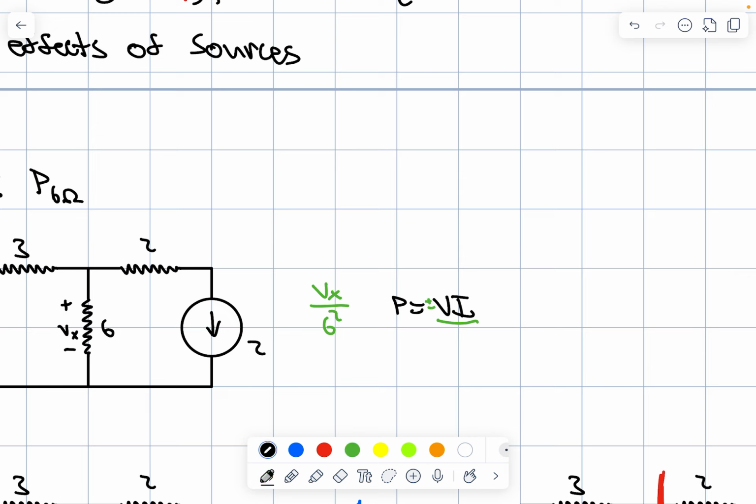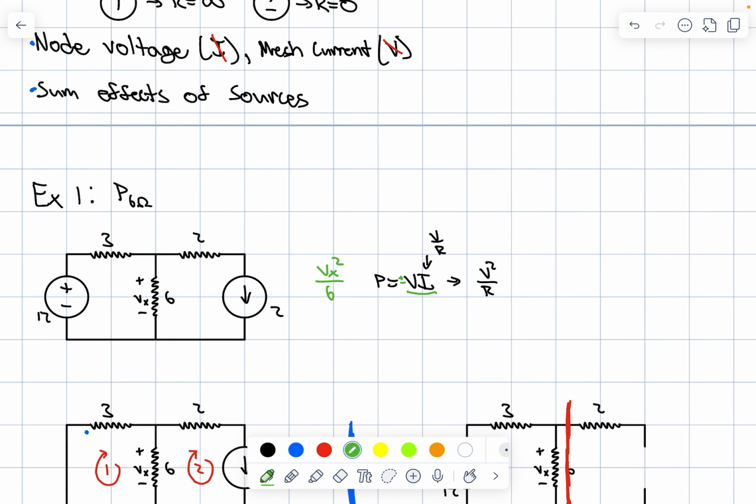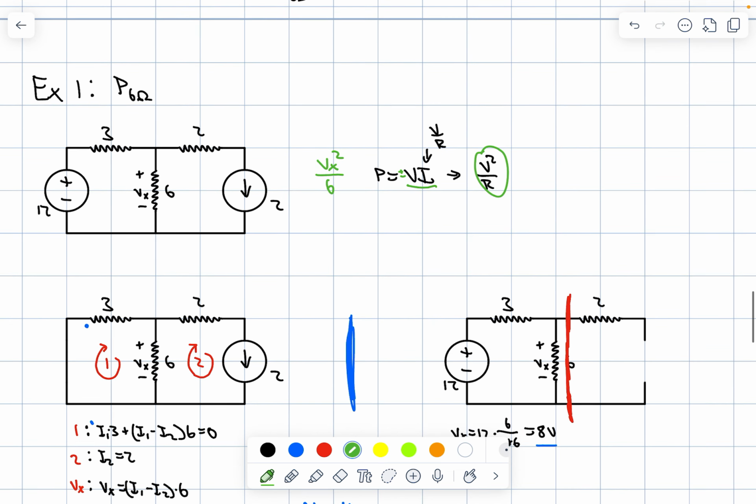But with resistors, you have an R value. So if you replace I with V over R, then all you need to find is V, and it's V squared over R. I meant to say, sorry, this is over 6, and this is squared, okay? So you need to find V squared over R.